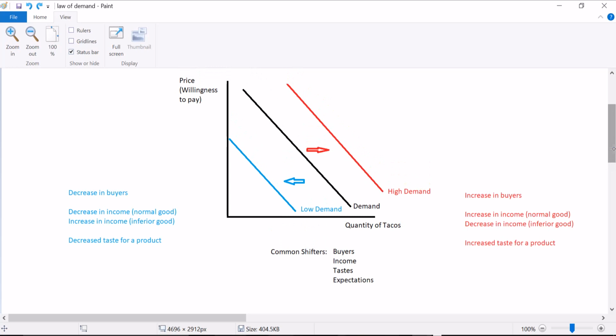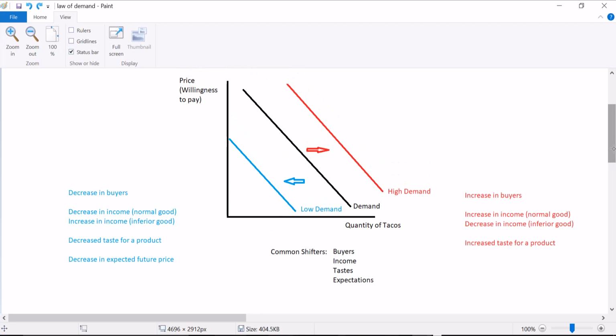Expectations. When I say expectations, I'm referring to future prices of this good. So for instance, if my expectation of future prices decreases, then I'm expecting the good to go on sale later.